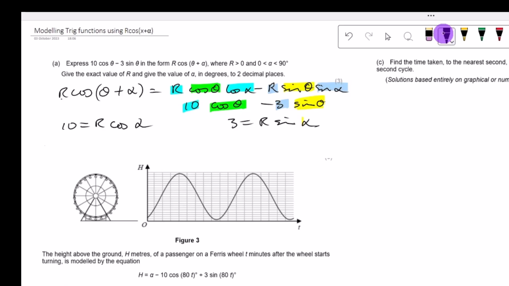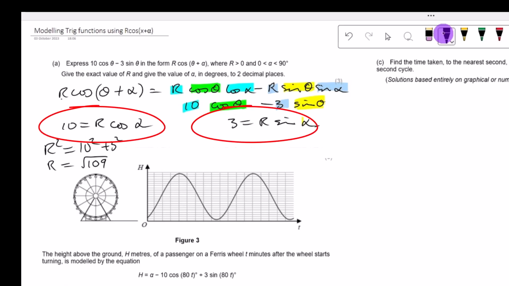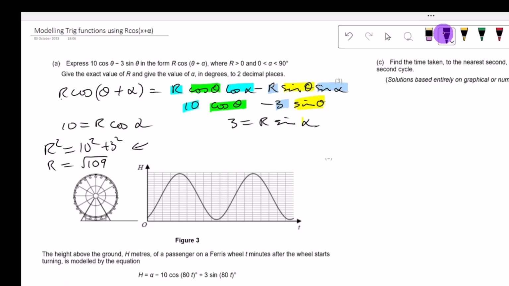Now we always know that R squared equals 10 squared plus 3 squared, so therefore R will equal the square root of 109. You can go through earlier videos or more thorough videos where we square all of this and we square all of this and we realise we've got cos squared plus sine squared equals 1, and we can take that out and therefore we're left with this. But you can learn this off by heart. It's always equal to that value squared plus that value squared, square rooted, if you want to take a shortcut.